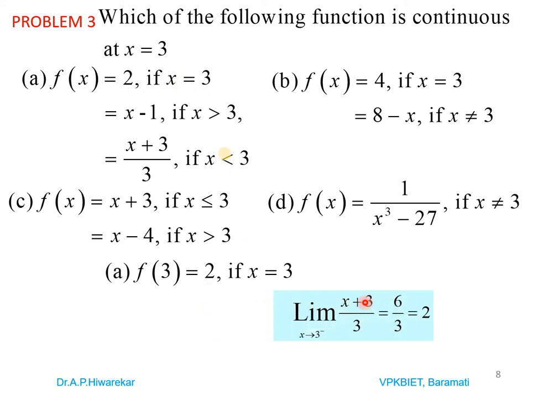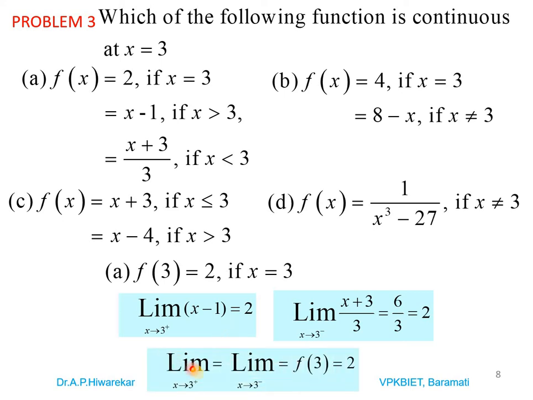Then limit of (x plus 3) divided by 3, which is the left hand limit as x tends to 3: put x as 3 here. So you get (3 plus 3) 6 divided by 3, which means 2. Similarly right hand limit: limit of x minus 1 as x tends to 3, substitute x as 3, 3 minus 1 gives 2.